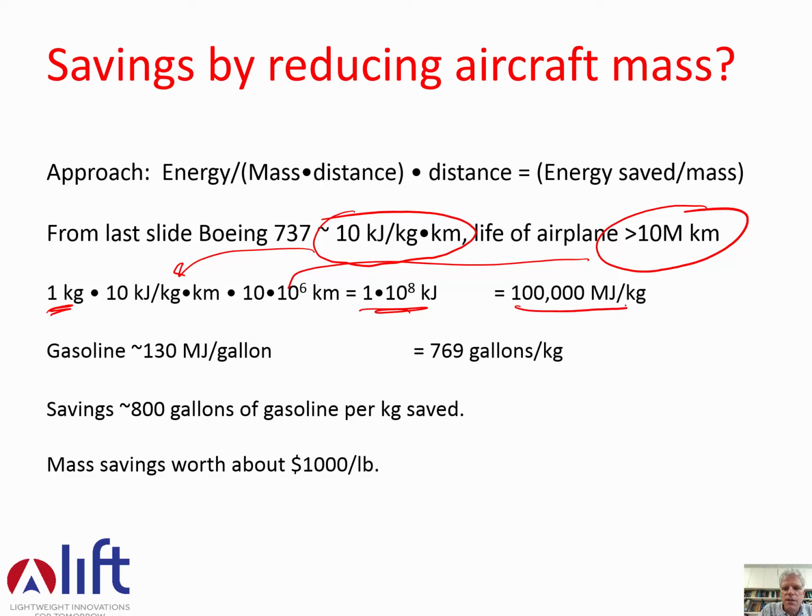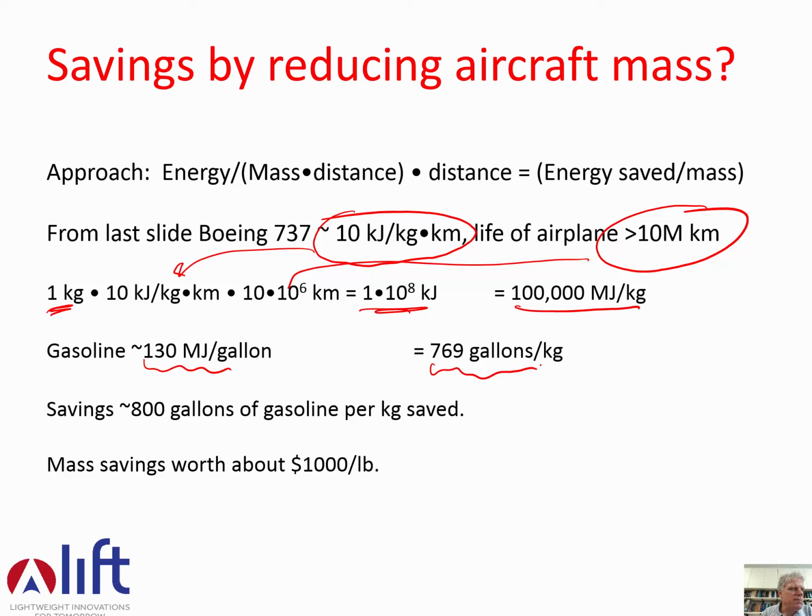That's about 100,000 megajoules saved. Again, gasoline is about 130 megajoules per gallon. So we end up saving about 800 gallons of gasoline over the life of an airplane by pulling a kilogram out. It's a big deal.